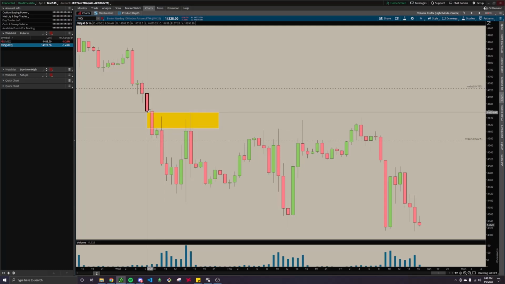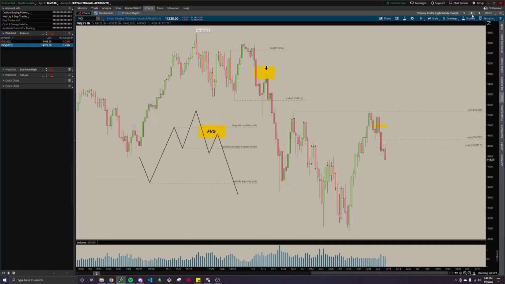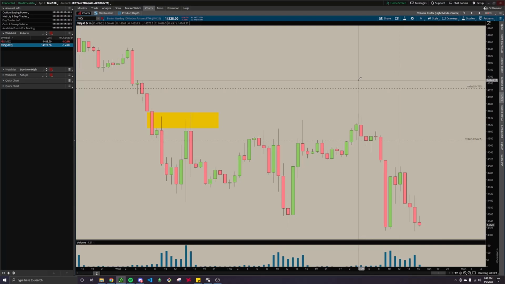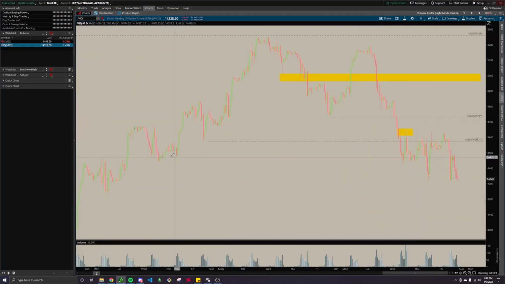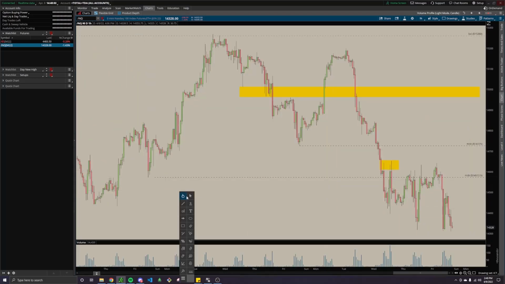So I'm anticipating a potential move into here, which could be taken advantage of as a short opportunity to see the targets below, which would be like some of these that we outlined, or even this low right here.